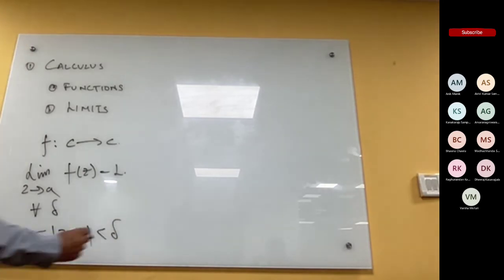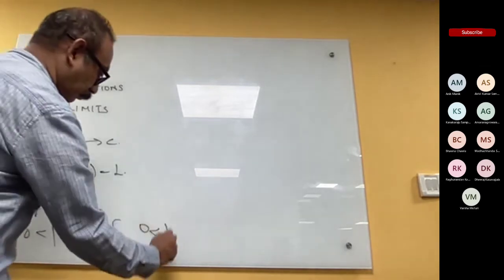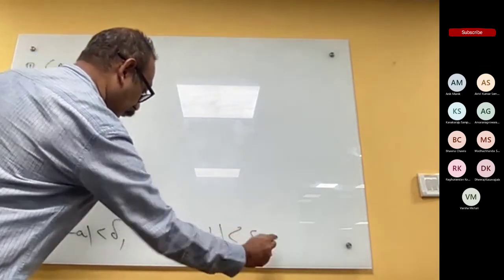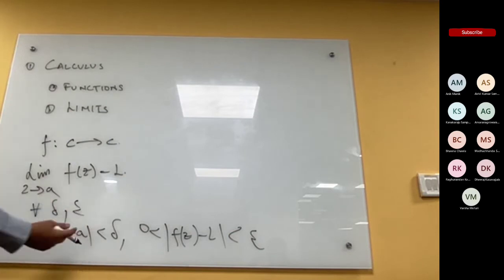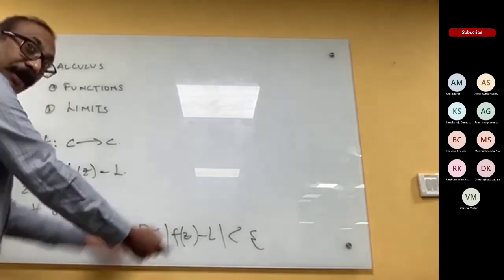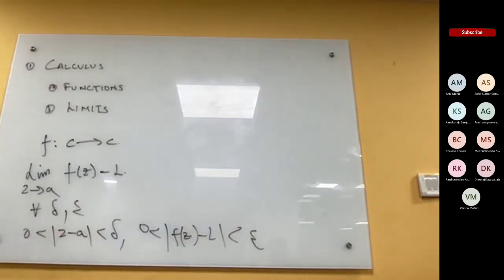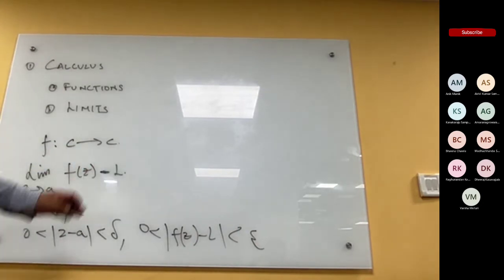You have the other one as epsilon, right? For given delta and epsilon, this is what the definition is, simple definition, right? Where z minus a is less than some value, then f of z minus n is less than some other value. Both of them are small values, then you can say that as z tends to a, f of z is equal to the limit, some limit n. That is all that this means.